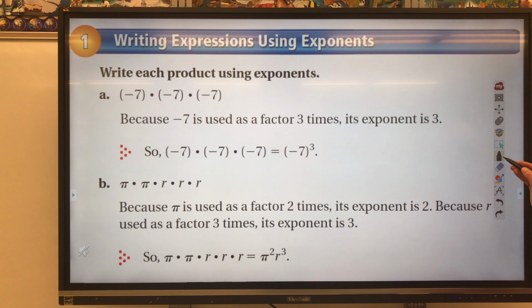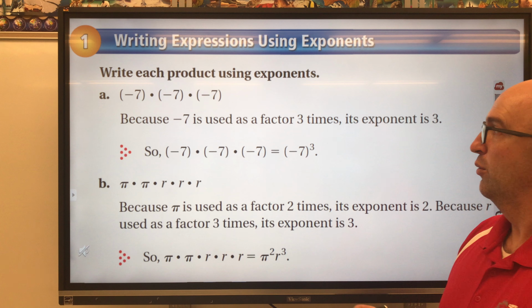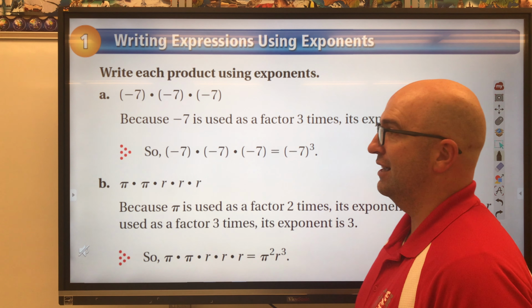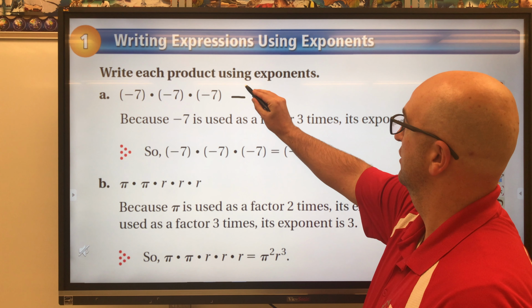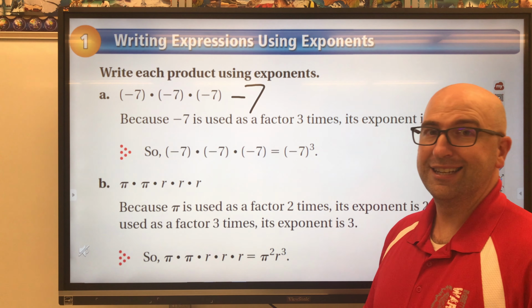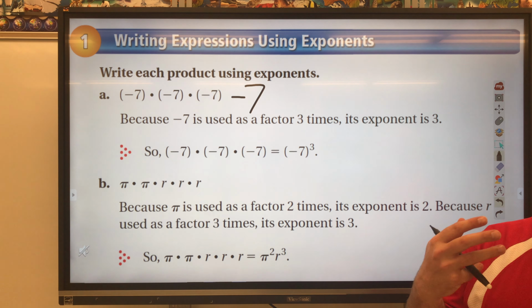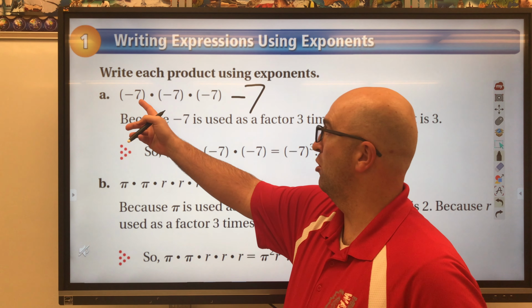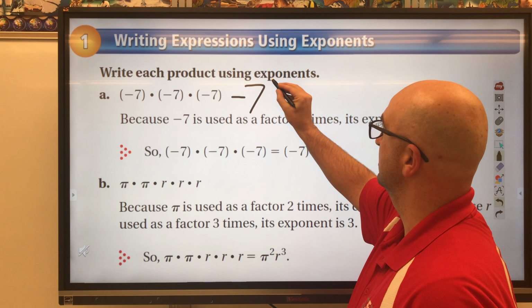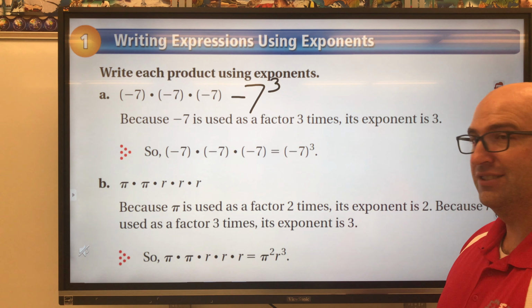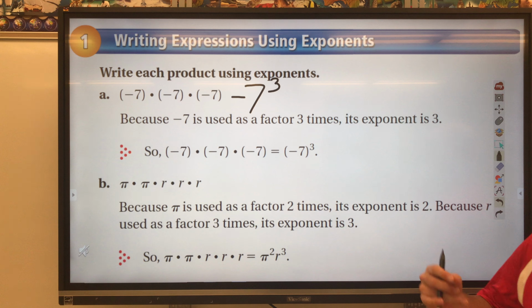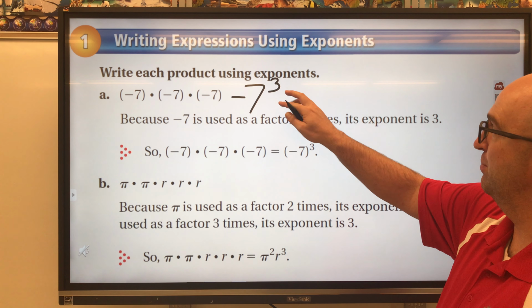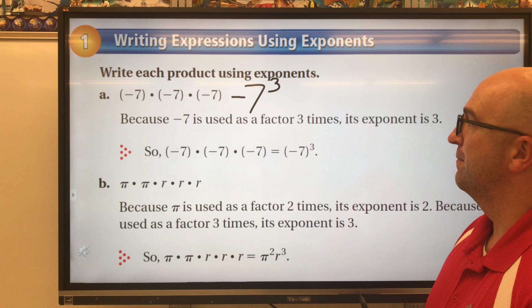So -7 is written 3 times, which means -7 is my base. And since I have my base, I now have to get my exponent. Well, we multiplied it 1, 2, 3 times. So -7 to the 3rd is my exponent written there.